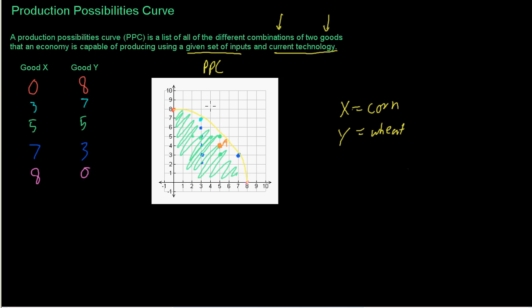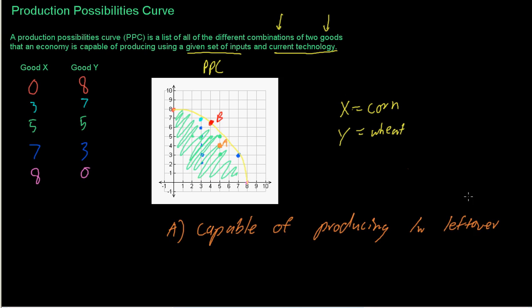So the next thing that I want to say is, if you have a point that is on your production possibilities curve, like this red one right here, point B, let me just go ahead and write this out. So A is capable of producing, and you'll have leftover, or extra inputs.